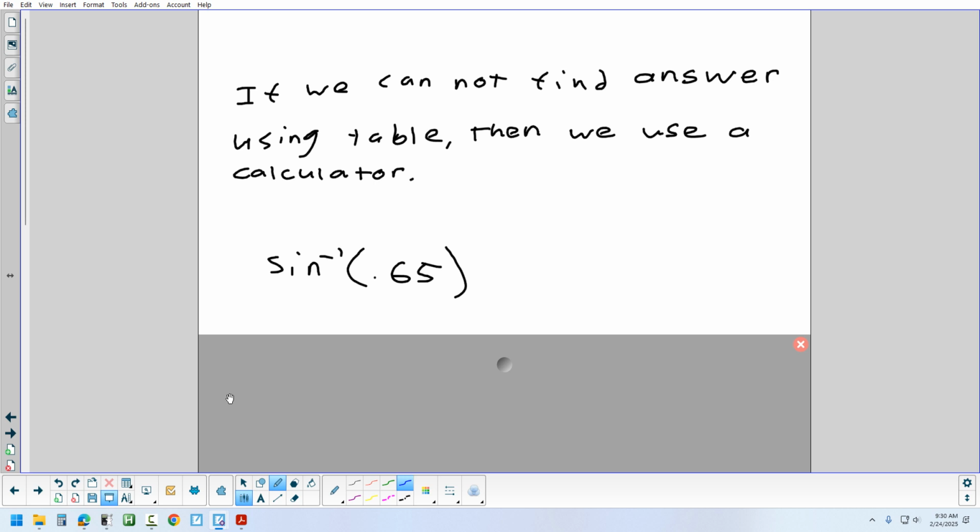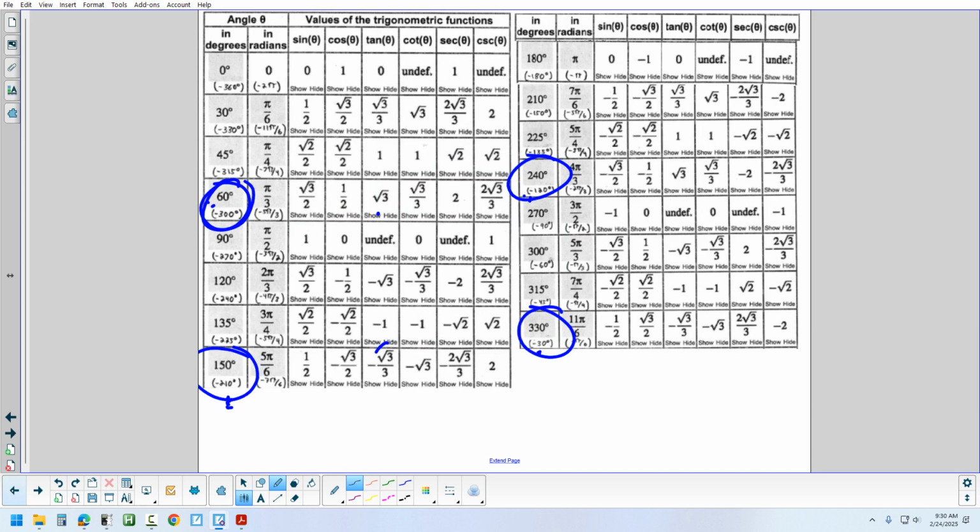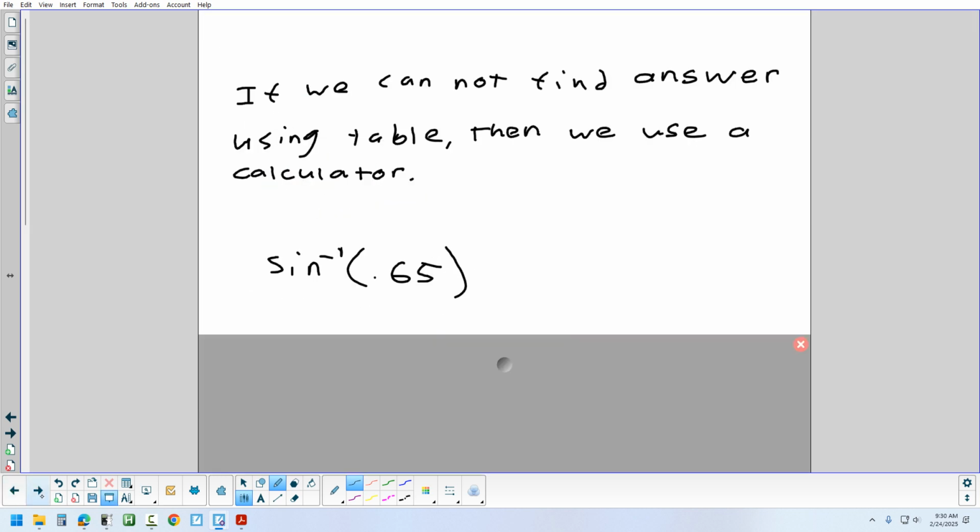So I want to do the inverse sine of 0.65. If you're not sure if that's in the chart, go to the sine column and look for 0.65. You're never going to see a 0.65. It doesn't come up. So for something like that, we're going to use the calculator.